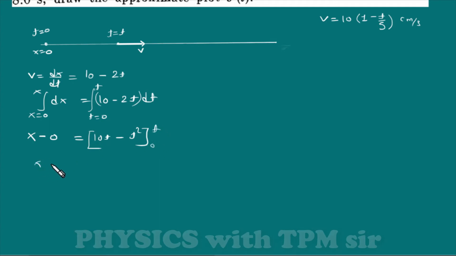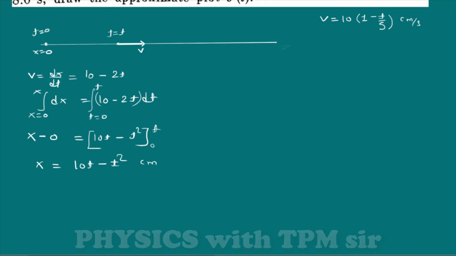So we will get x is equal to 10t minus t square. The 2 has been cancelled because when we integrate, t square by 2 will come and the 2 will get cancelled. So this is what we have got.